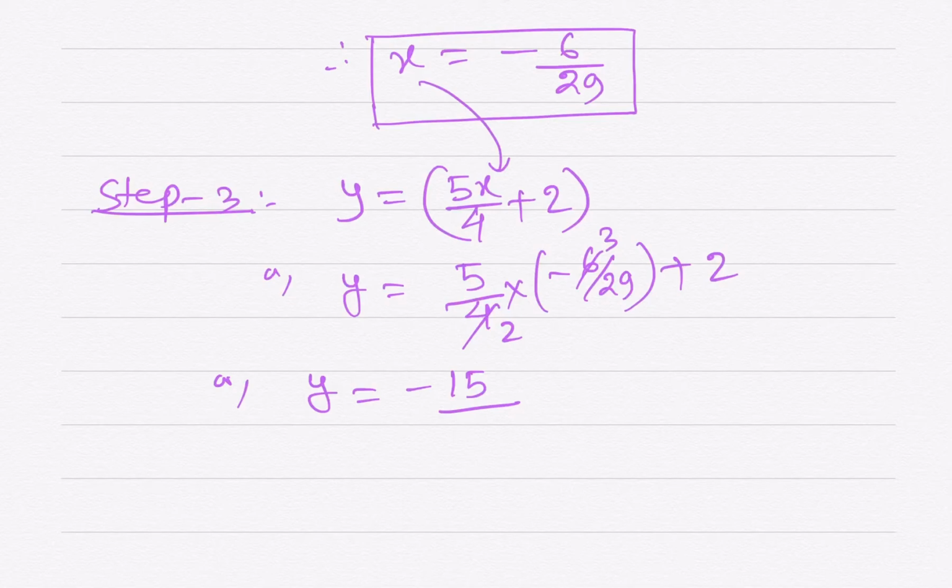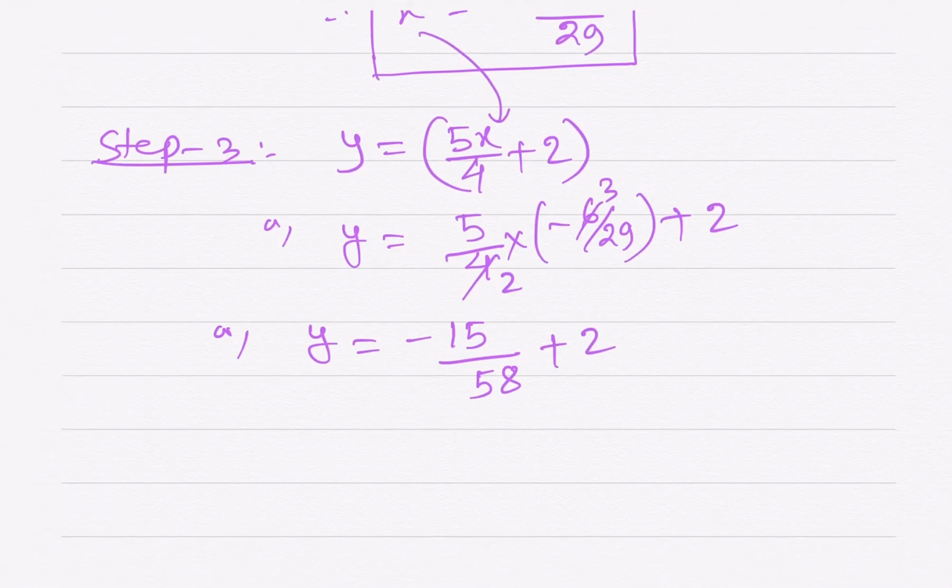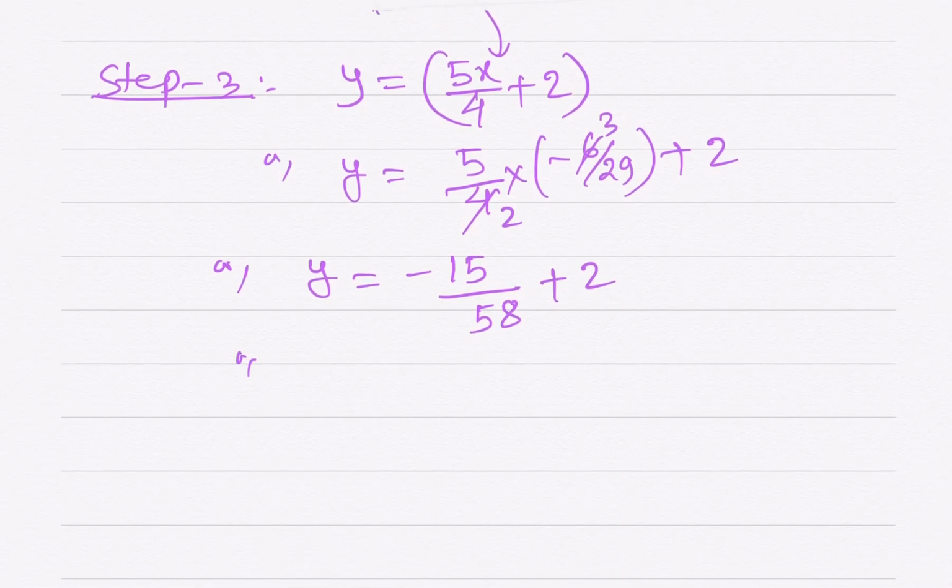Then 9 into 2 is 18, and 2 into 2 is 4, so 58 plus 2. So now y equals 58 into 2 minus 15 plus 8 into 2, 16, divided by 58.